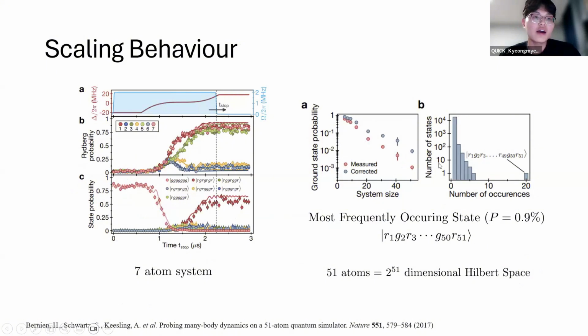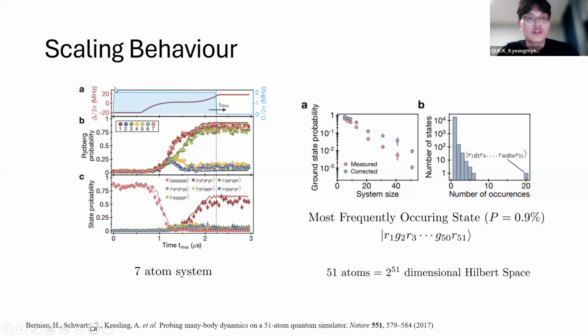And we can compare how the quantum phase transition on a quantum simulator changes with respect to the system size. So the diagram on the left shows the 7-atom system. The top figure is basically describing how the system was controlled under laser parameters.